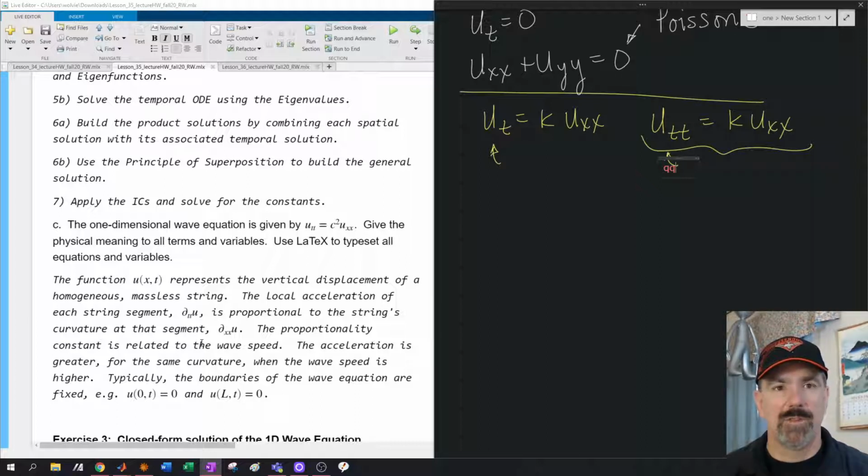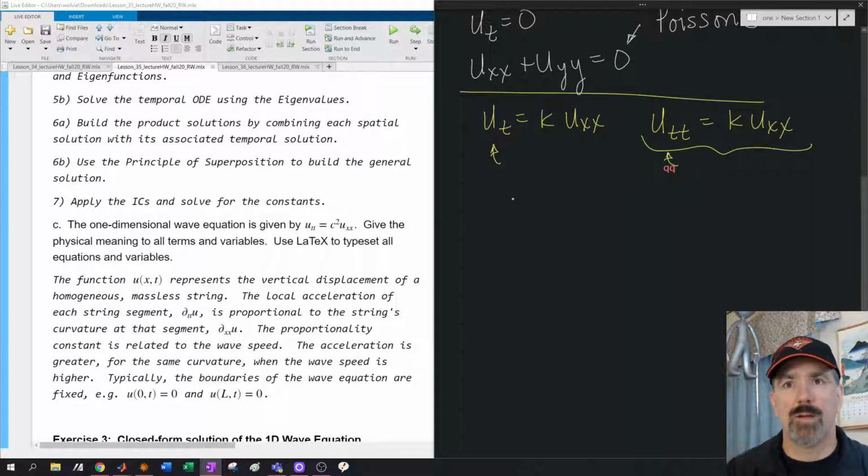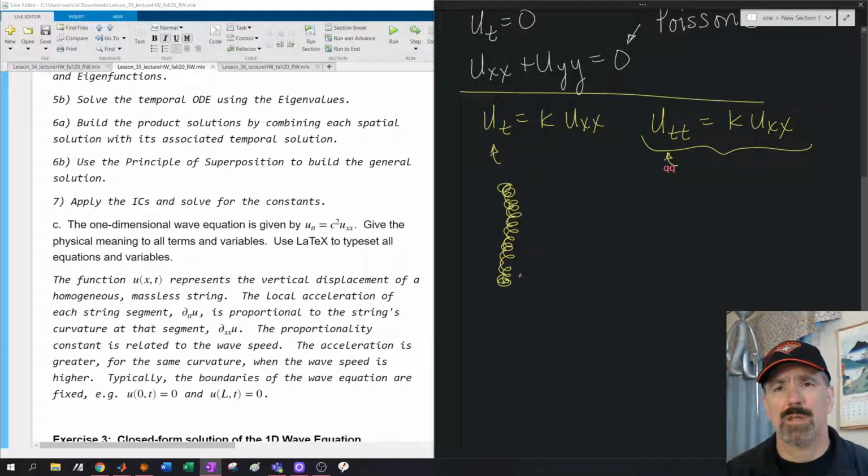And typically for the boundary conditions, unlike the heat equation, we generally have Dirichlet conditions here, which are homogeneous, so they're both equal to 0. That's not always the case, but when we have problems like the hanging chain problem, which is actually a different differential equation, where the chain is hanging down and we have a free boundary down here.